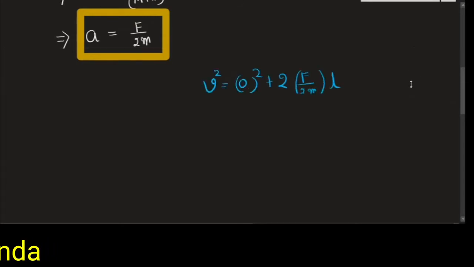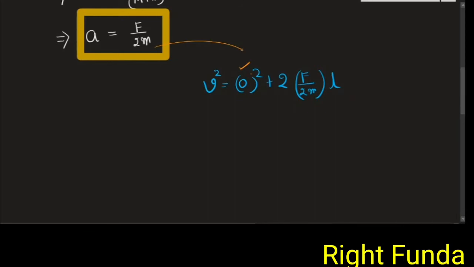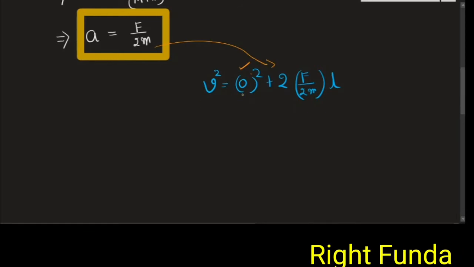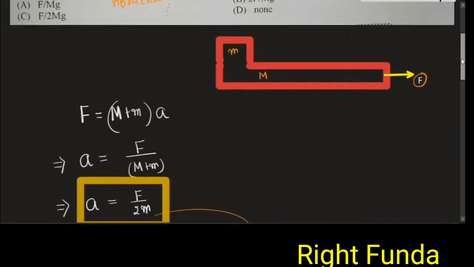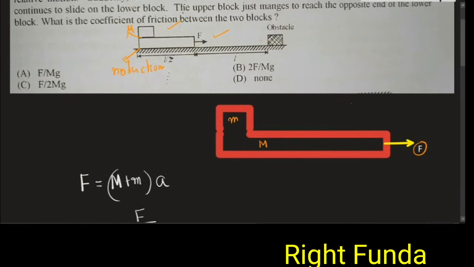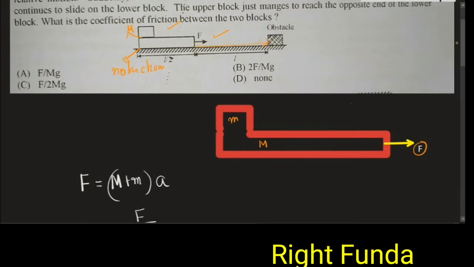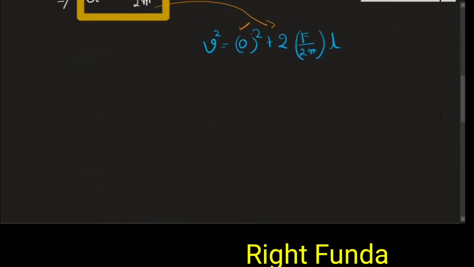We apply the formula v square equals u square plus 2as, and the initial velocity is zero, since they started from rest, and I substitute the acceleration here. So I get the velocity after traveling a distance L, from this end to this end. What will be the speed of both the blocks combined?